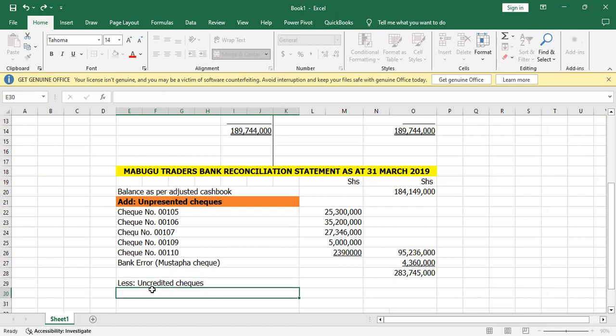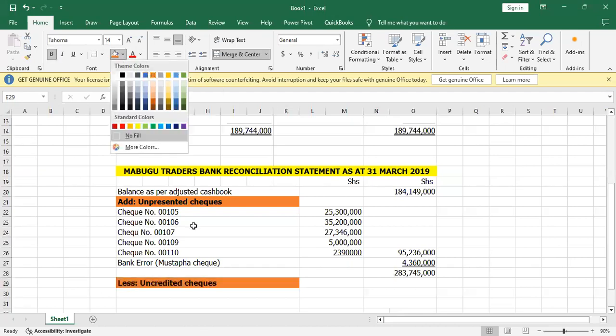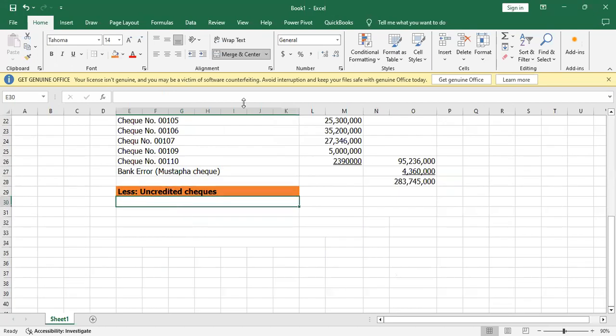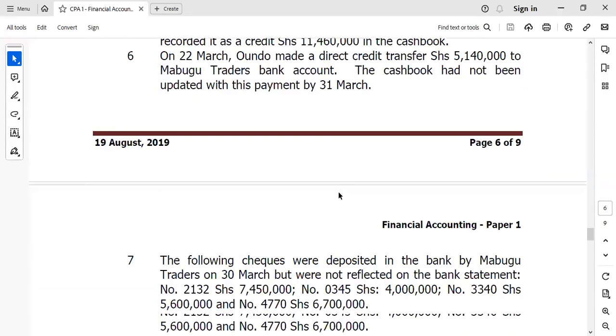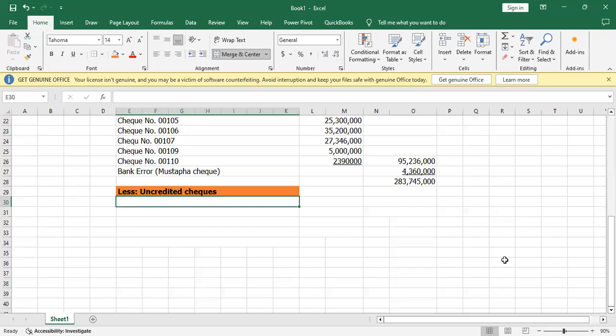We can find this from note 7. Note 7 has the uncredited checks. We are going to list them one by one. Under these uncredited checks, you have check 2132.